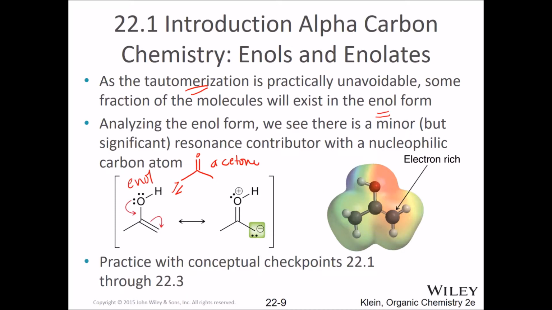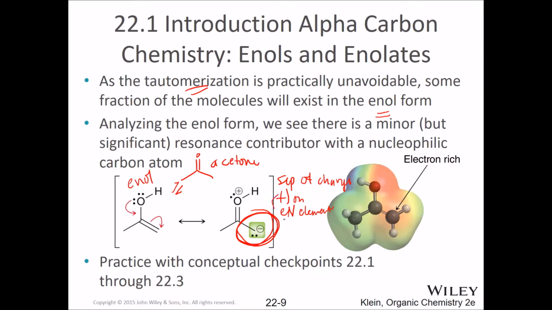We see that there is a minor but significant resonance contributor where the negative charge is, wow, on the carbon? Are you serious? What? We have a separation of charge here. And a positive charge on electronegative element.